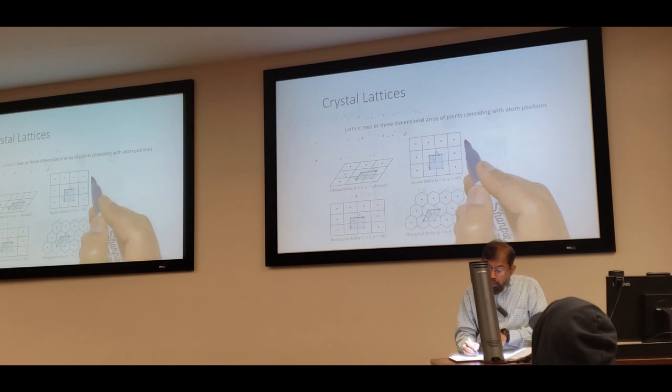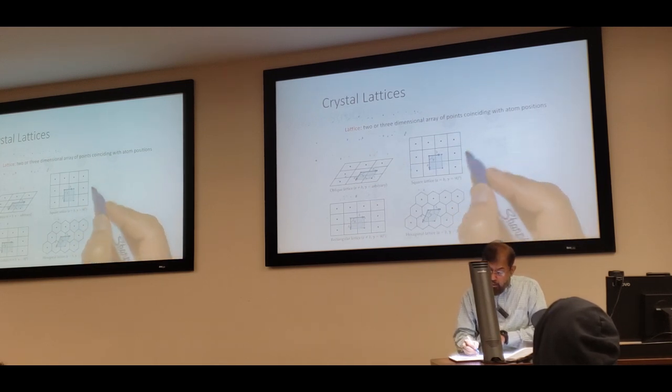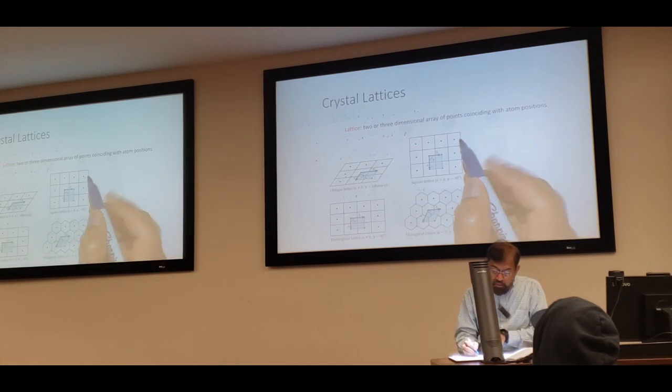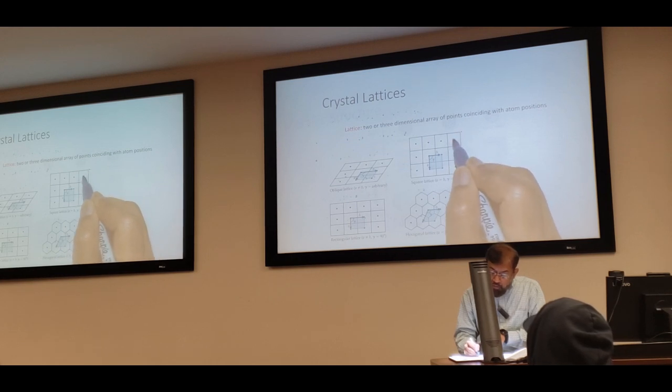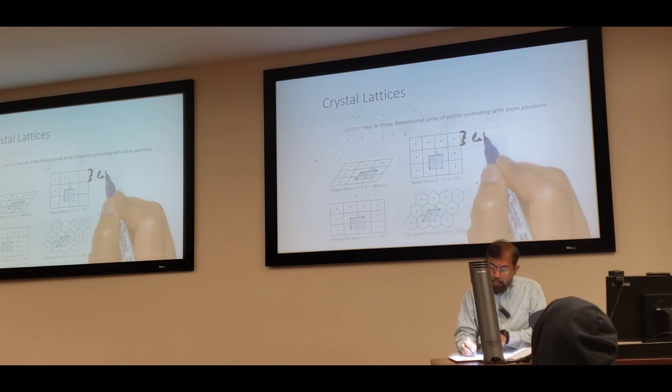Lattice parameter is another term we typically use. For example, in this case, if you consider one of these as the unit cell, this is one side, and we can consider this as the lattice parameter.